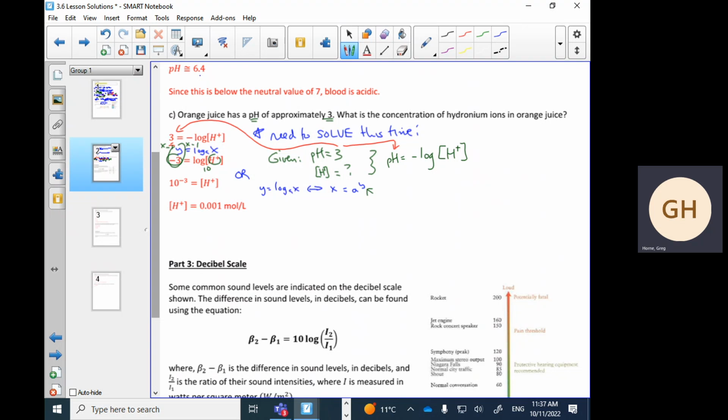The x is the H plus concentration, and the a, as I said before in class, the base is 10, so it's easy. So that leads to this formula, and you just have to evaluate and get this answer. Concentration is decimal 0.001 moles per liter.